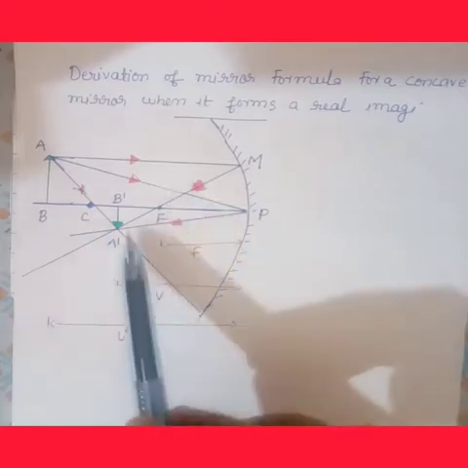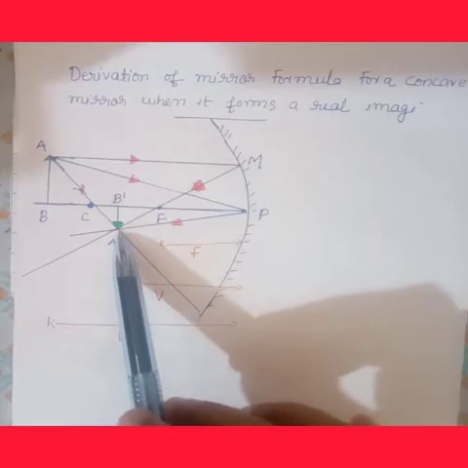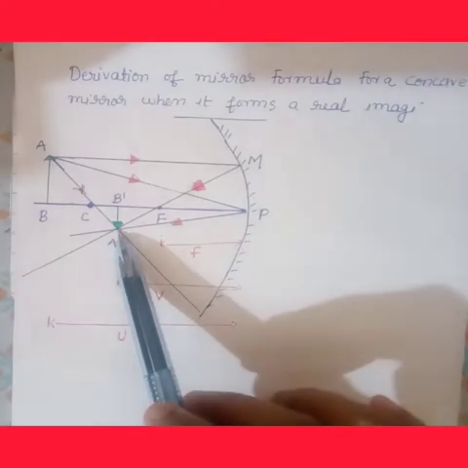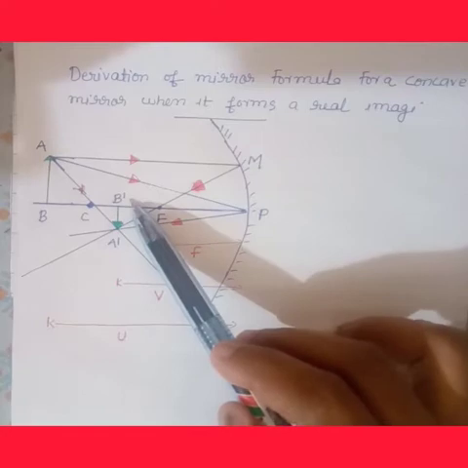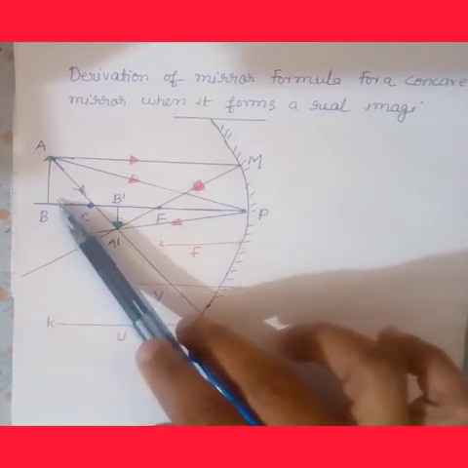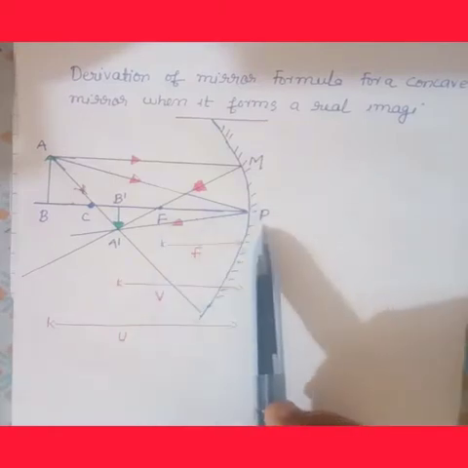These three rays meet here, so here we get the image of AB. This image is real and inverted. This is the image A dash B dash, and the size of the image is smaller than that of the object.